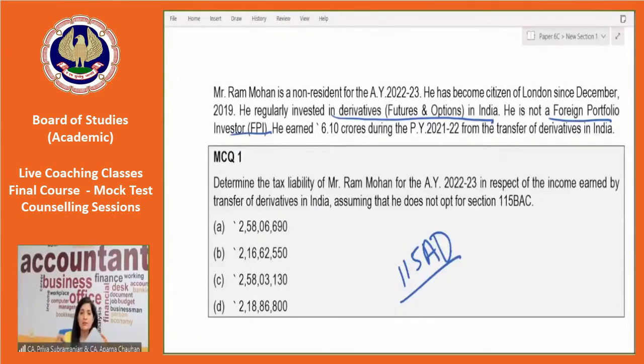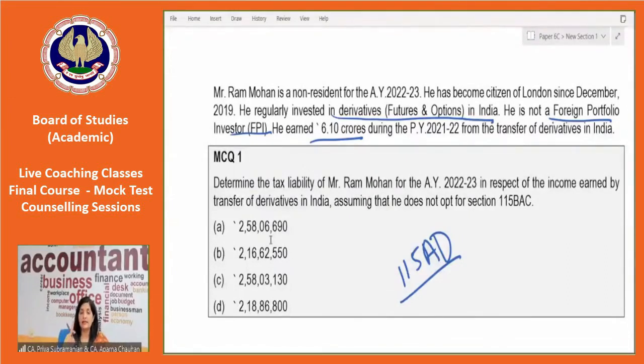He has earned 6.10 crores. If he is an FPI, the basic difference is the tax rate. Here you are going to apply the normal tax rates, whereas there the prescribed tax rates are specified, 10%, 20%, whatever the rate is specified in section 115AD, that has to be applied.